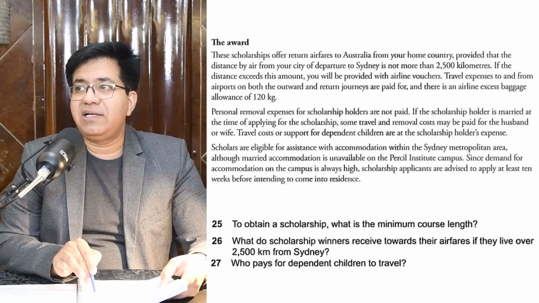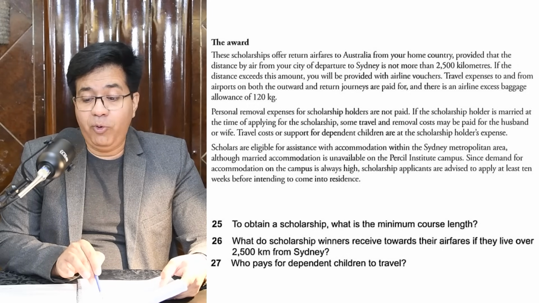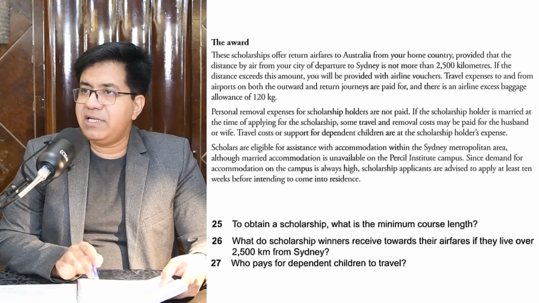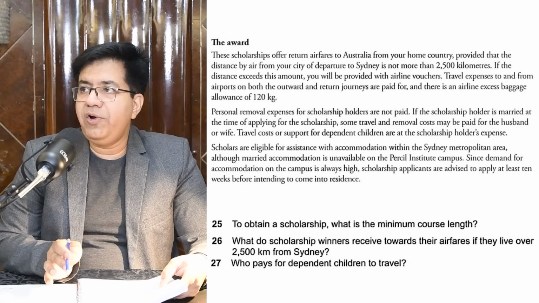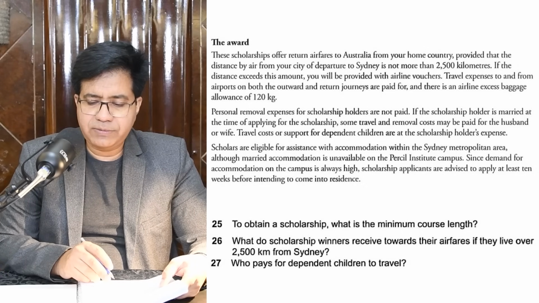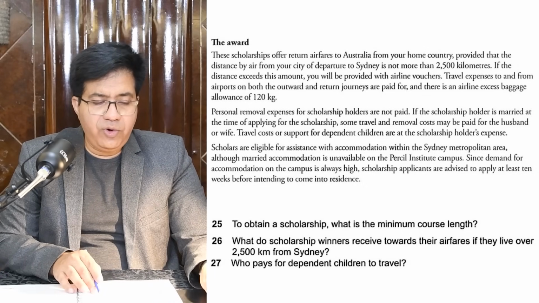What is the answer? Scholarship holder. Answer is not only holder. If you write only holder, it's not clear. And you will not write holders or apostrophe S, because who pays? It's actually scholarship holder. Okay.